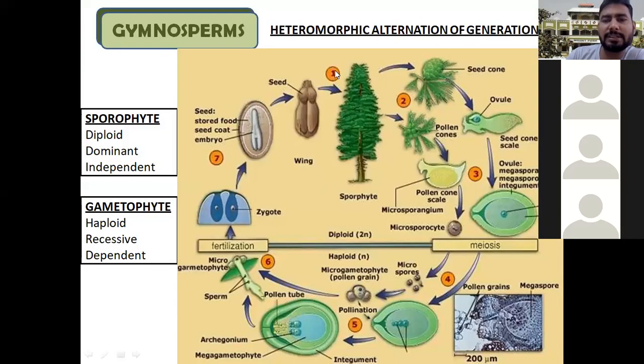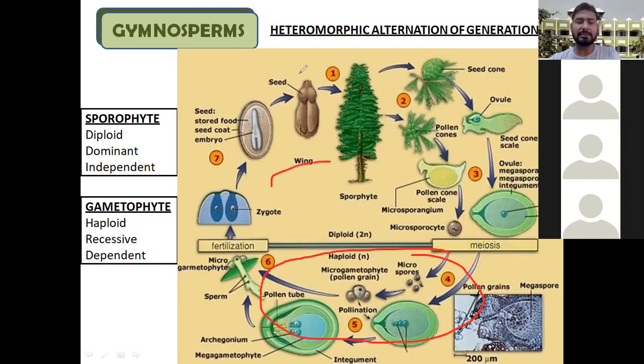In the life cycle of the gymnosperm, as I told already, gymnosperm and angiosperm both show the diplontic type of life cycle. Diplontic means the 2n stage will be long. Here the haploid stage, n, is short, while the diploid stage is long.